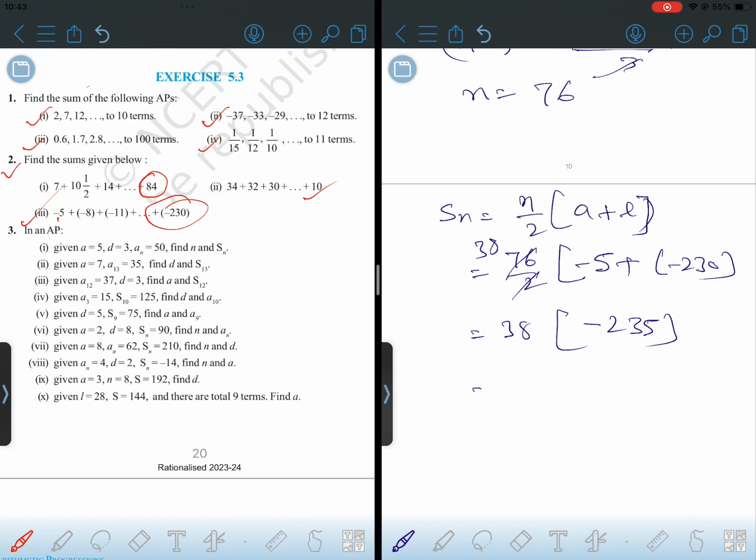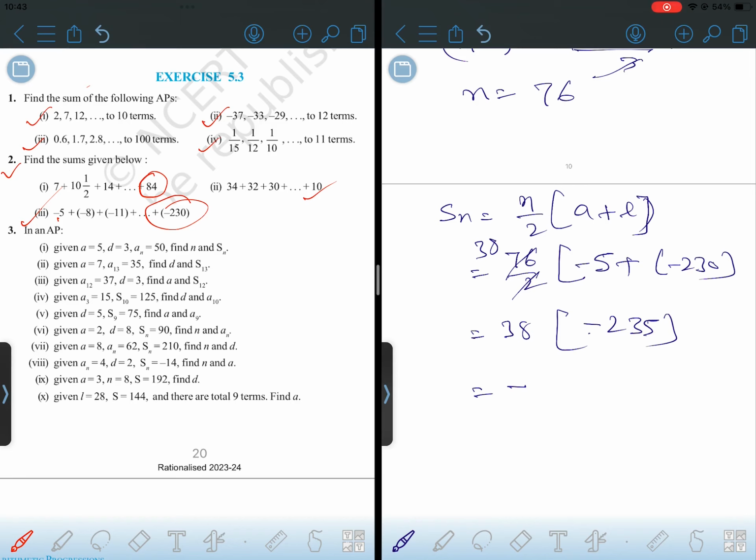And because minus 38 times minus 235 has two negatives, overall the sign is plus. Once you multiply this number carefully, you can get the value, right? I'm not doing the calculation because I have my calculator ready. But if you are doing it, you have to do it properly, because I have seen students making mistakes in multiplication, right?